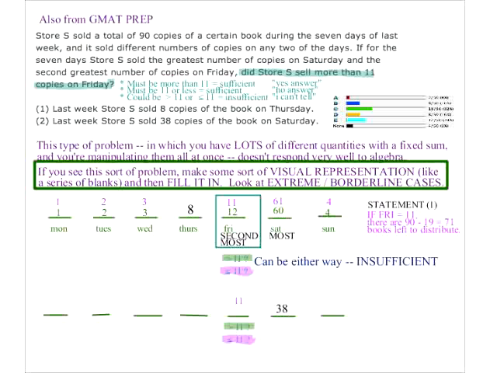Now, what do we know about these numbers? Remember, this is the second most books. So what do we know about the rest of the numbers? Fun fact, they've all got to be smaller than 11.